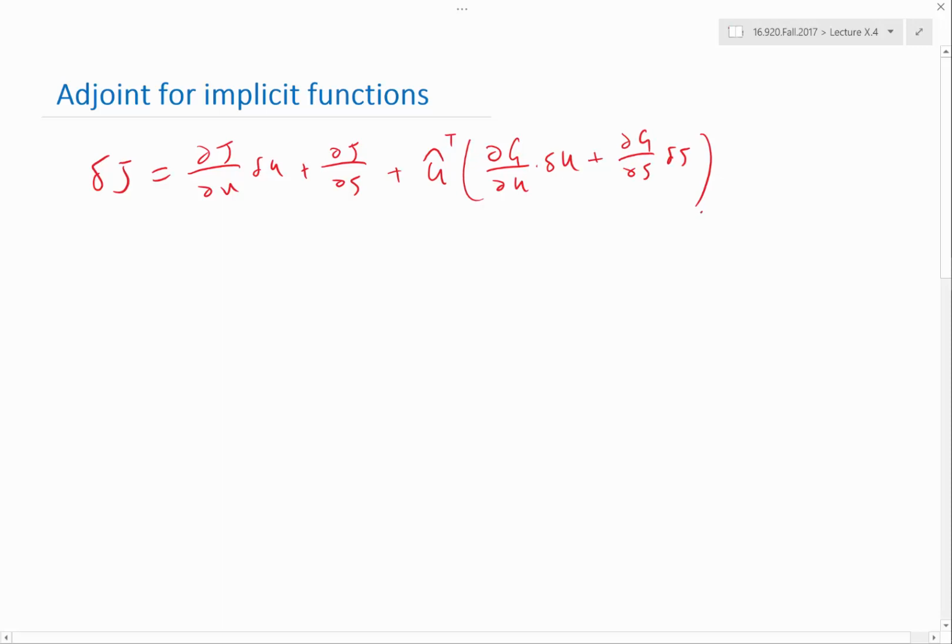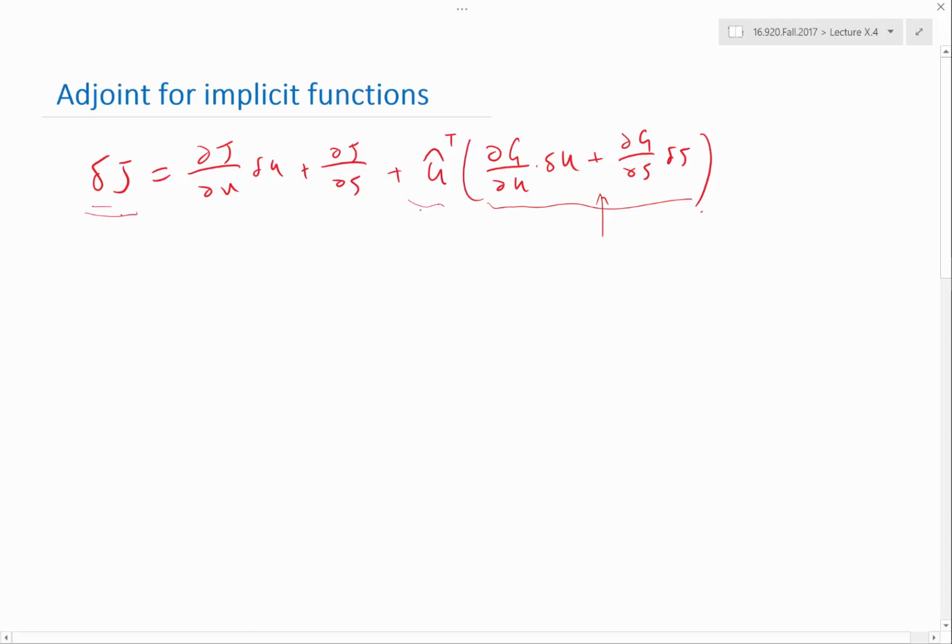The adjoint field is actually the sensitivity of my objective function to how much the constraint is not satisfied. So if the constraint is exactly satisfied, the adjoint is just a mathematical value that we use to cancel a bunch of terms, right? It doesn't have much physical meaning. But it has physical meaning once you consider that this constraint is not exactly satisfied.